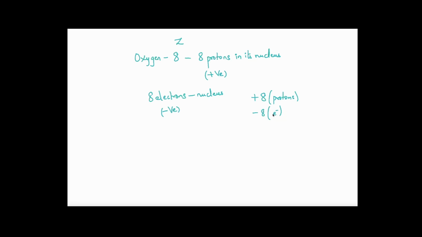It also has 8 electrons revolving around the nucleus. Now both of them cancel out because the charges are opposite, so the oxygen atom has a net charge of 0.